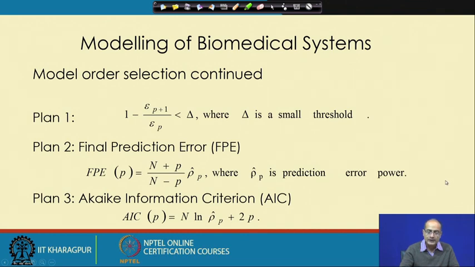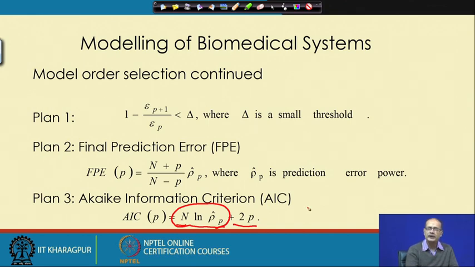It depends again on the prediction error power: we take the log of that and multiply with n. This term will decrease with the model order, and the second term will linearly increase.